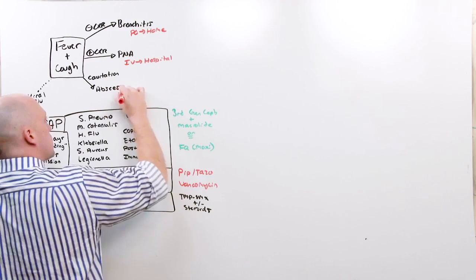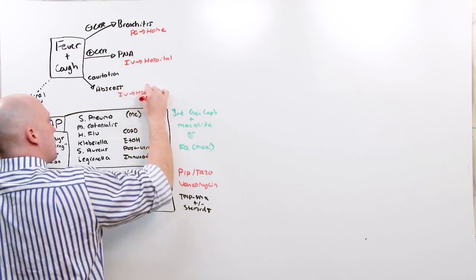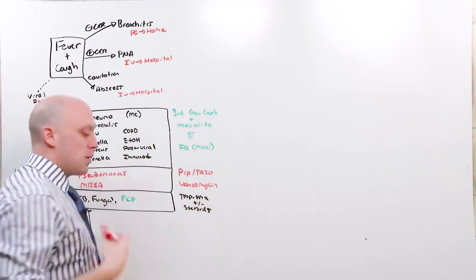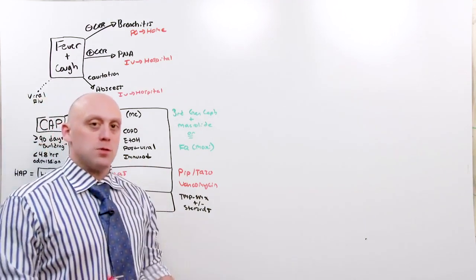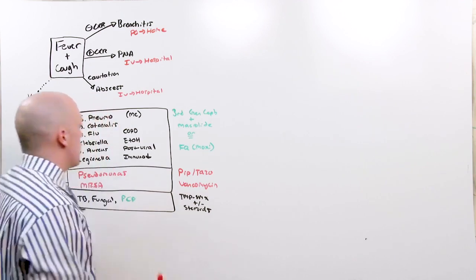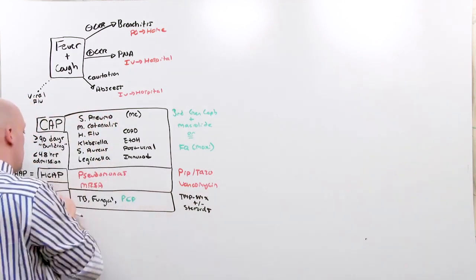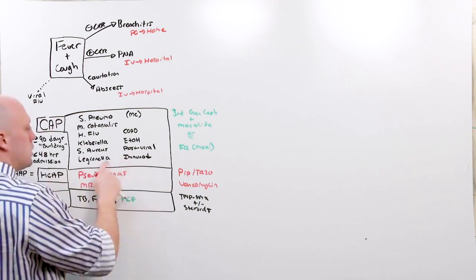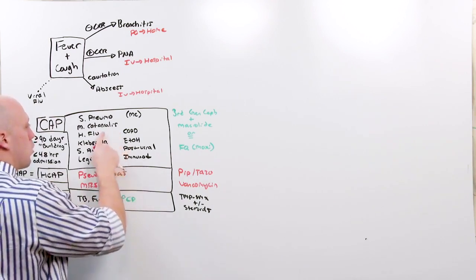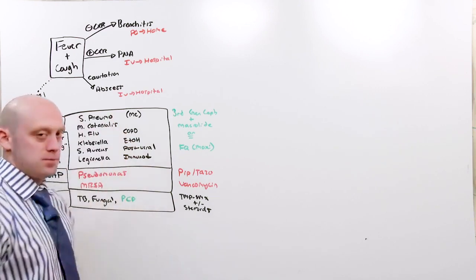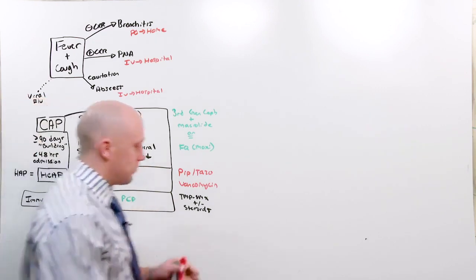The same will be true with an abscess. So stop thinking about typical versus atypical organisms versus other organisms. Start thinking instead about community-acquired pneumonia and healthcare-associated pneumonia, but you still need to link the risk factor to the organism for the test.